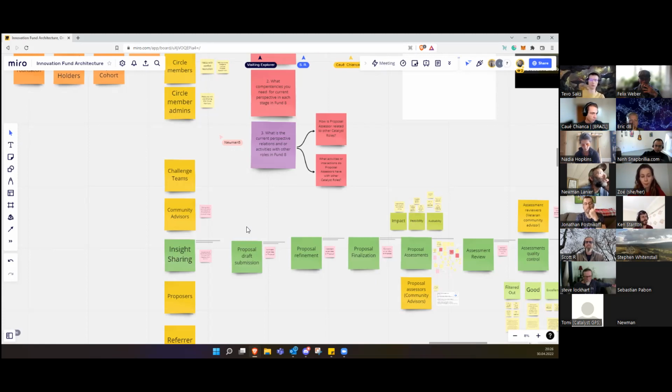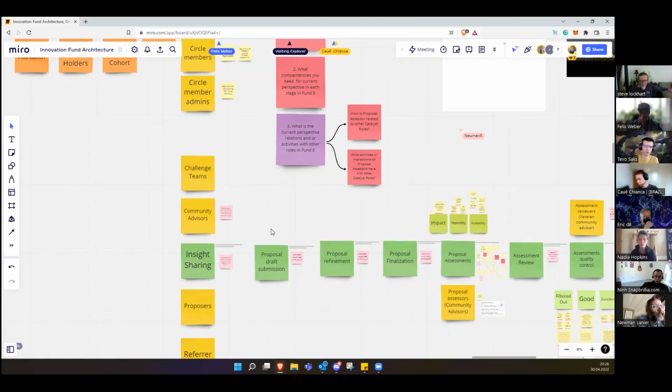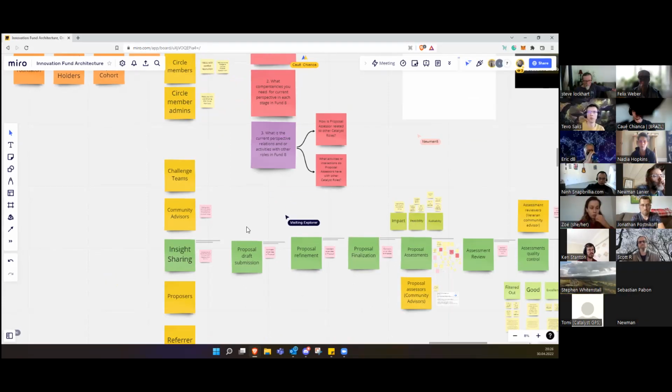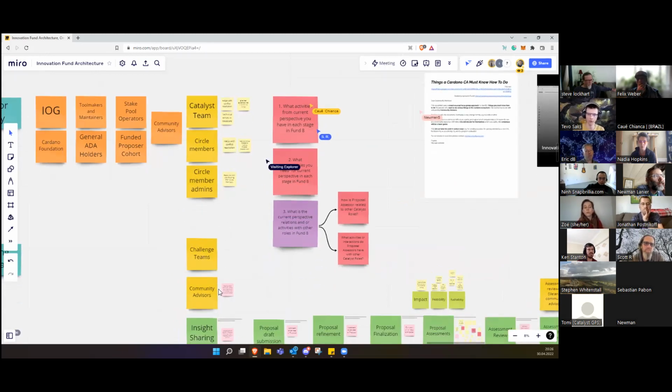But now all the newcomers come in and ask, okay, this community advisor helps me like that, and then you have this taxonomy issue. Are they talking about we who are roaming around trying to help all the Catalyst members and their roles, or a specific part which community advisors do to assess proposals? So we differentiated it, and to scope down the role, we call it the proposal assessor.